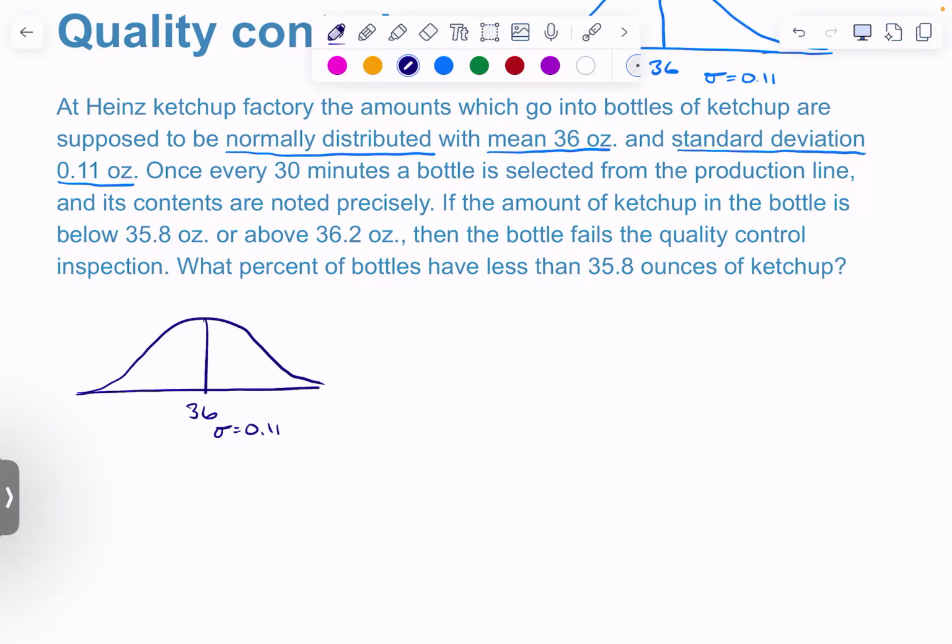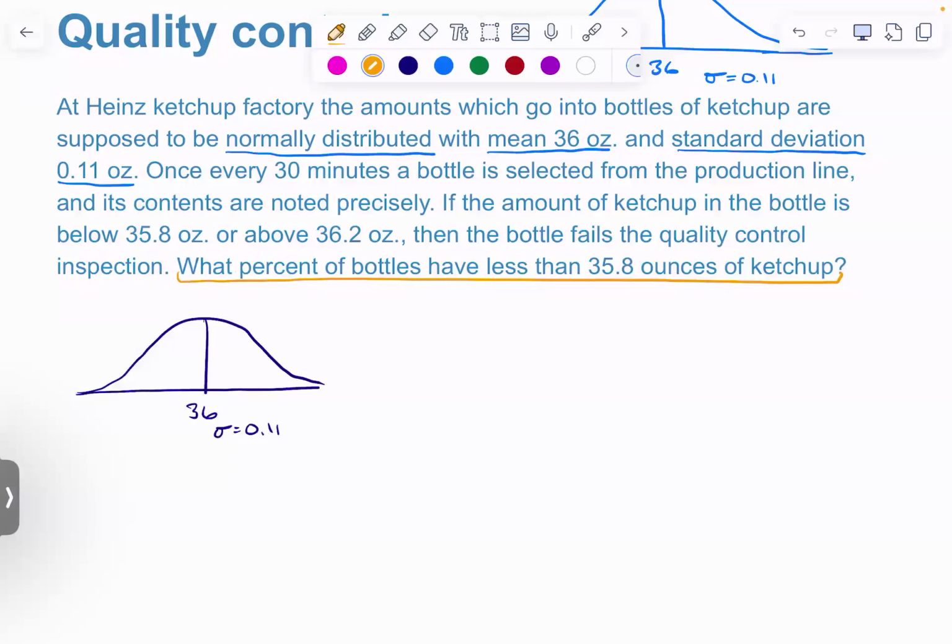If you've done any physics or chemistry or even biology, you would say, you do what? Yeah, I know, bad. But for us, it doesn't matter. We'll bring the units back in later. So what we want to find is what percent of bottles, remembering that the percent is the same as a probability, which is the same as a proportion.